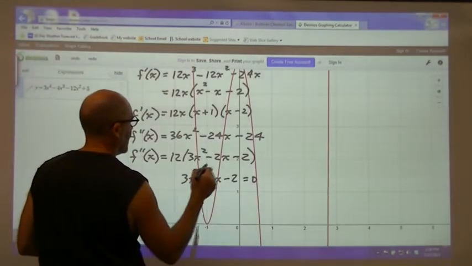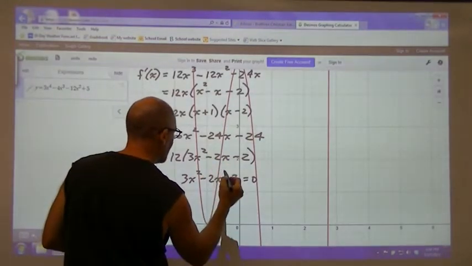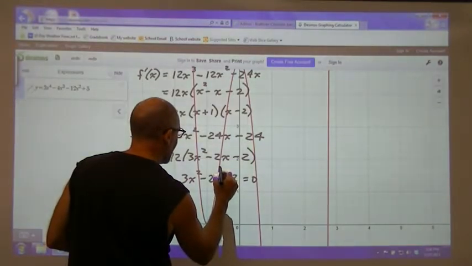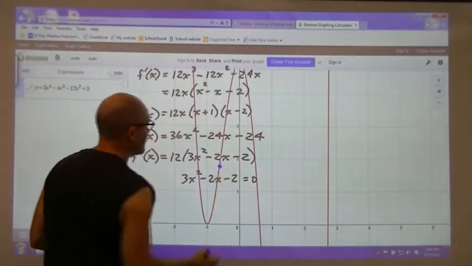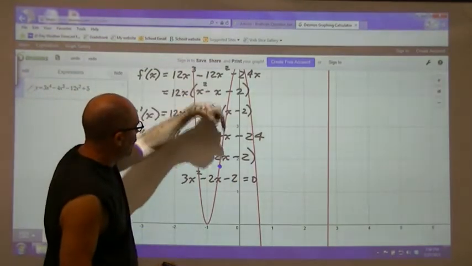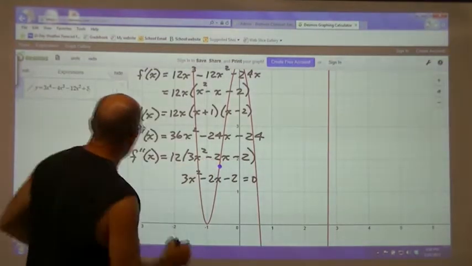Yeah, it's hard to tell, but I would say right about there, it's going from concave up to concave down. As it gets steeper, maybe a little higher.